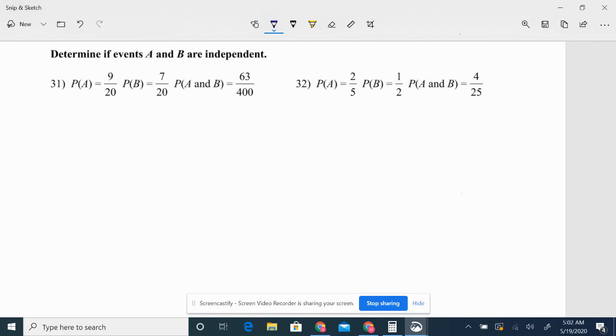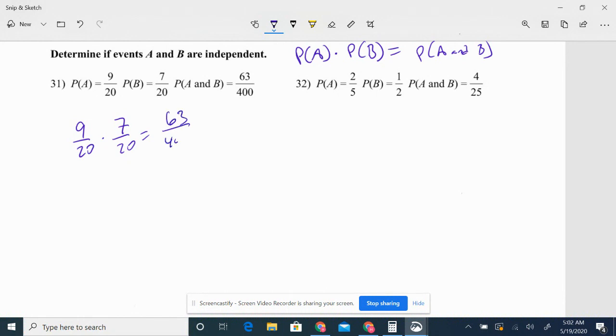Now here, determine if events A and B are independent. Independent is if the probability of A times the probability of B is equal to the probability of A and B. That's how we know they are independent. So let's take a look. I'm asking here, is 9 over 20 times 7 over 20 equal to 63 over 400?